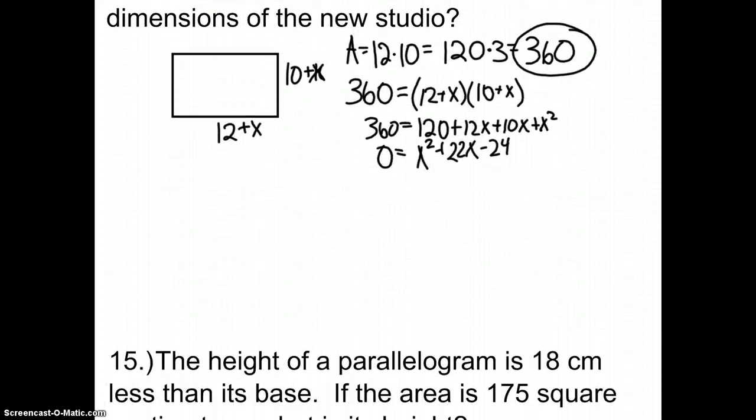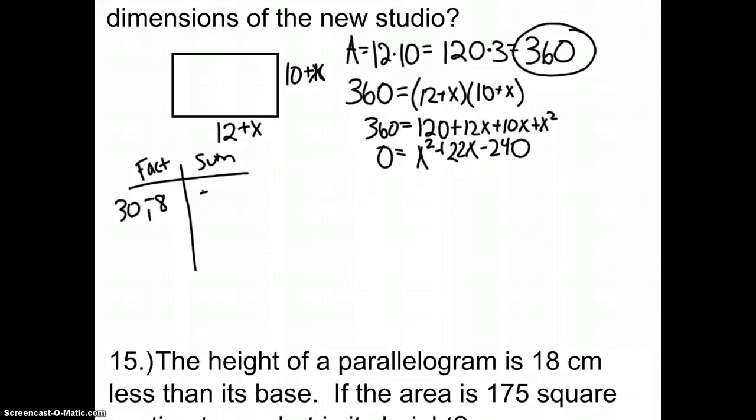And we can put this into our factor table and try factors like 30 and negative 8, because we need a negative 240, not 24. And that would give us a positive 22, which is what we're looking for.